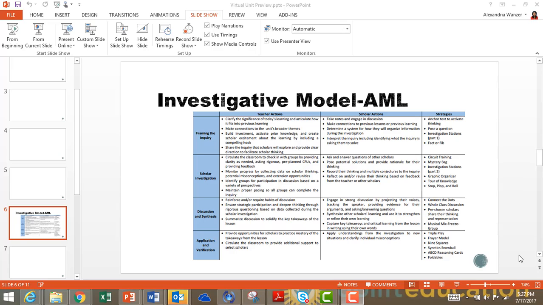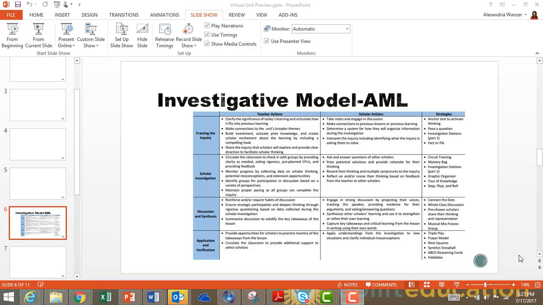The next framework is going to be the investigative model. This model, I feel like, is more inquiry-based, so it's really good to use for science lessons. This is more of a discussion and hands-on model. So you have the framing inquiry, which to me is just like the opening or the introduction to new material in the 5-step. You have scholar investigation, which is the guided practice. Then you have discussion and synthesis, which to me is a combination of the guided practice and independent practice.